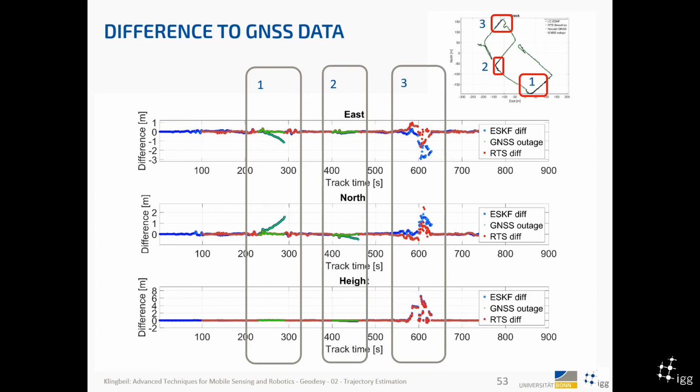This here is the error going bigger and bigger, and then it jumps back to 0 after the GNSS outage, and the same here for the north component, right? It goes bigger, and then jumps back. And in the height component, apparently this wasn't a big problem. It only was drifting away for east and north components.